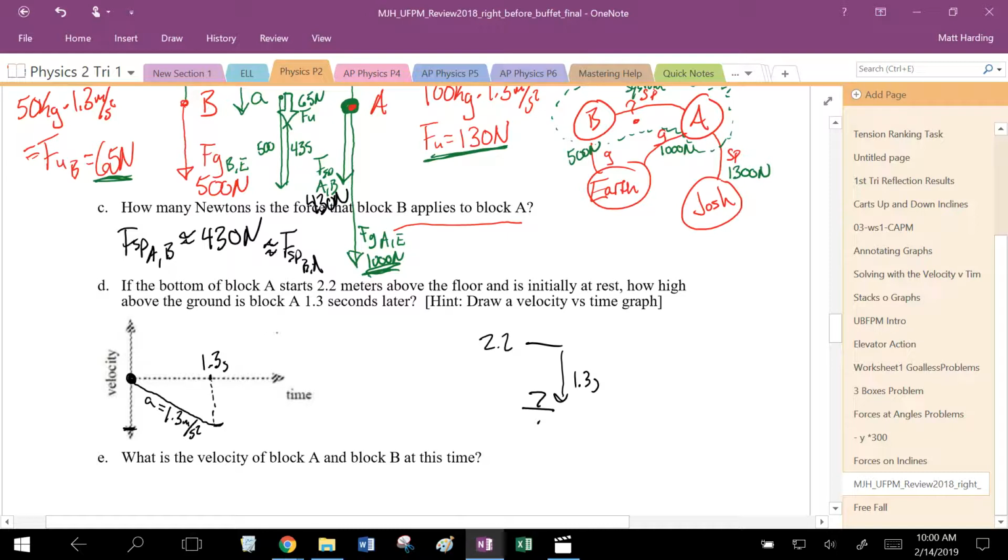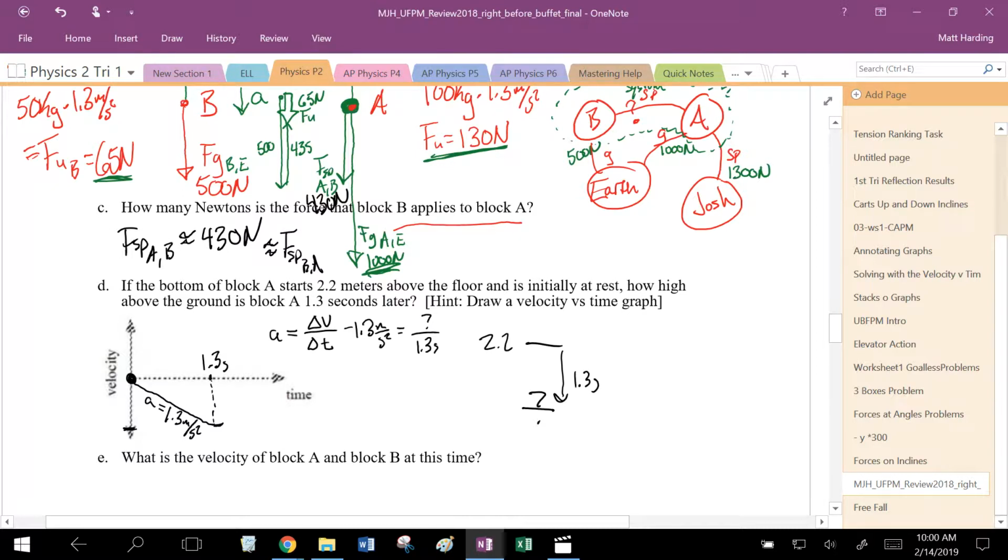So how does math work? 1.3 meters per second squared equals what divided by 1.3 seconds? That's almost handy numbers. I should probably technically be treating this as negative 1.3 because that's a negative slope here.